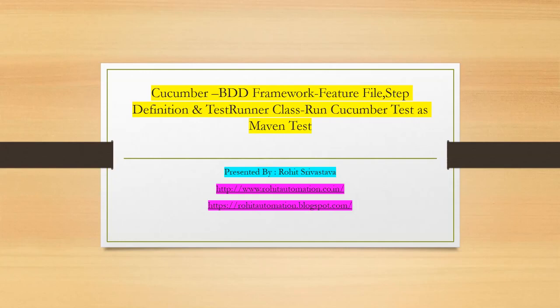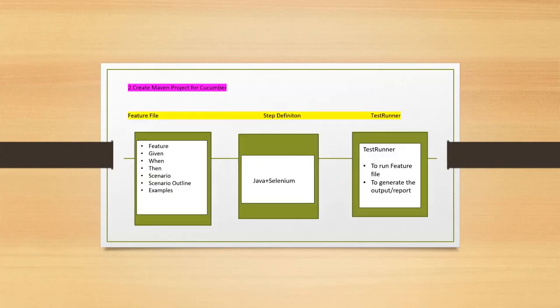So basically we define the feature in this Cucumber framework in the form of Gherkin. When you see my screen, here you can see we have three important components of the Cucumber BDD framework: feature file, step definition, and test runner.